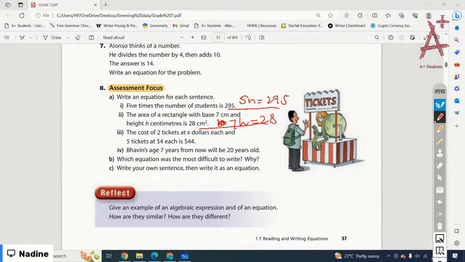The cost of 2 tickets at x dollars each and 5 tickets at $4 each is 44.